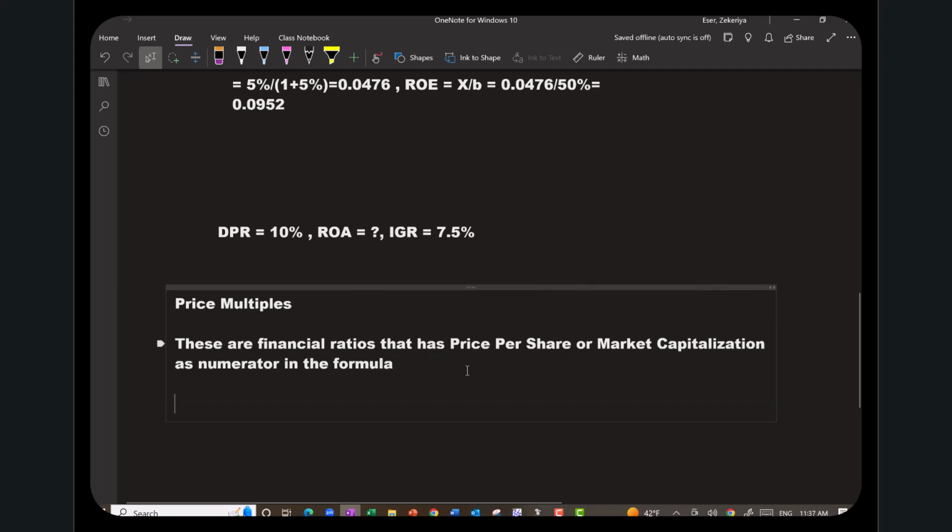And mother of all these is the price earnings ratio, also known as PE ratio, price per share divided by earnings per share.